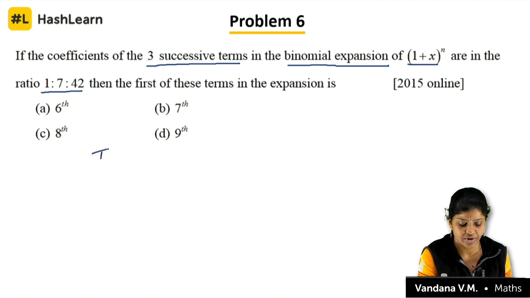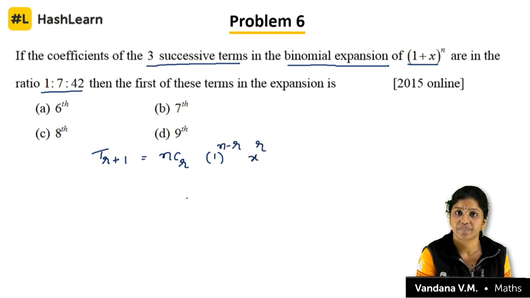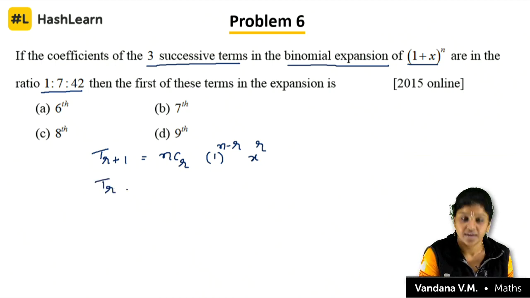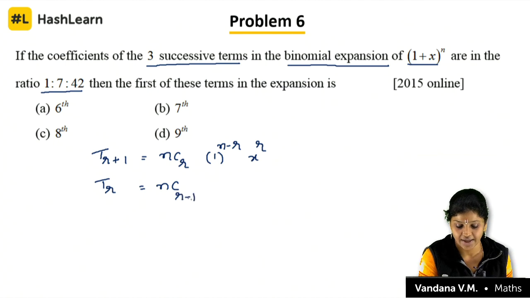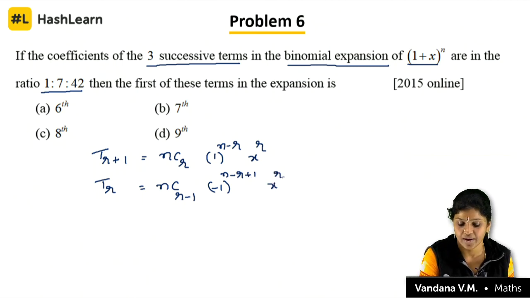First, usually we have to find the general term. T(r+1) is equal to nCr, what is the first term, 1 power n minus r, x power r. And the previous term, suppose if it is T(r), the rth term, nC(r minus 1), 1 whole power n minus r plus 1, x power r minus 1.